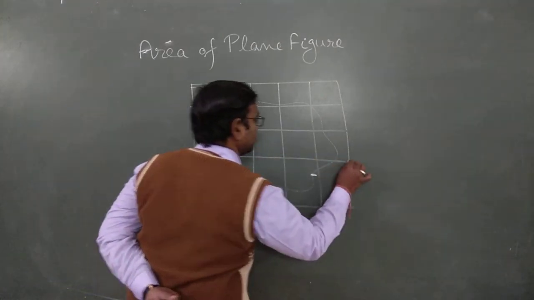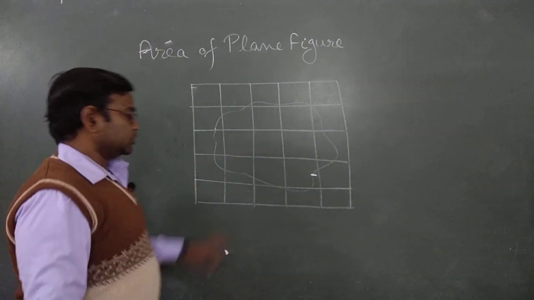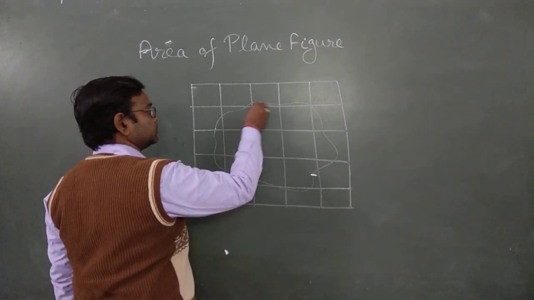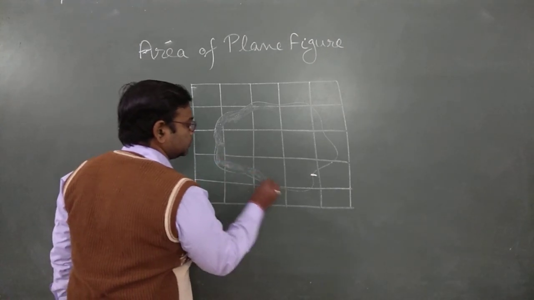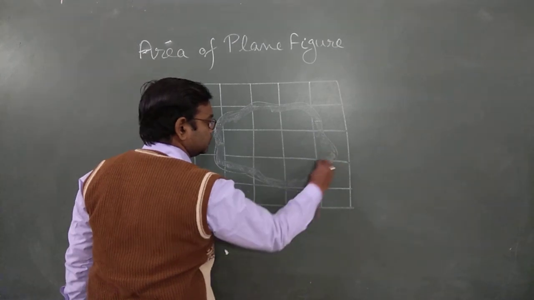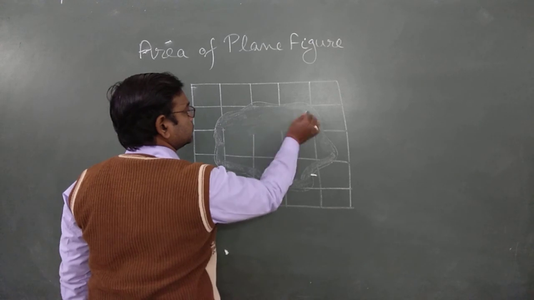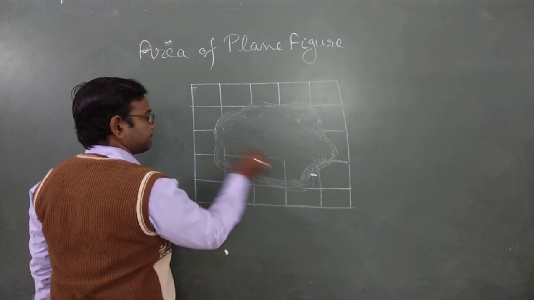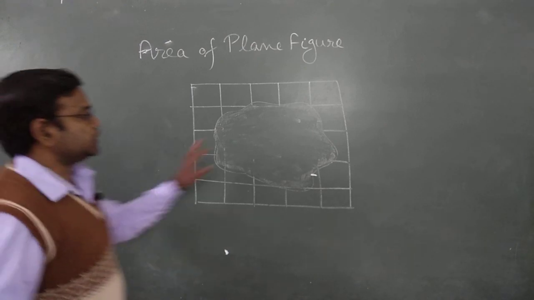Yes, though I am using my free hand to draw the boxes, so they do not look like squares. You can assume this is square. Now we are going to find out this area.